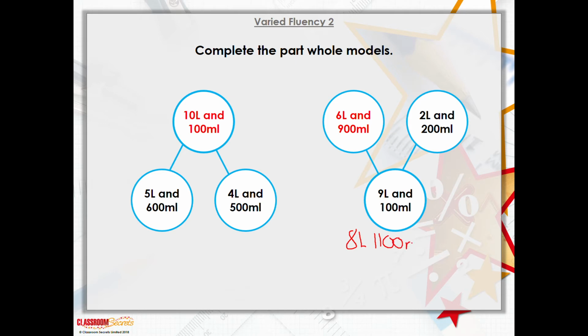Take away the 2 litres and 200 millilitres, because we would have been able to do that. If we took it away from here, we would be left with our 6 litres, and if we took 200 millilitres off here, you could maybe think 11 take away 2, which gives you 9, and then we've obviously got our zeros here still, so we would have 900 millilitres. So remember that when you're doing your work today.